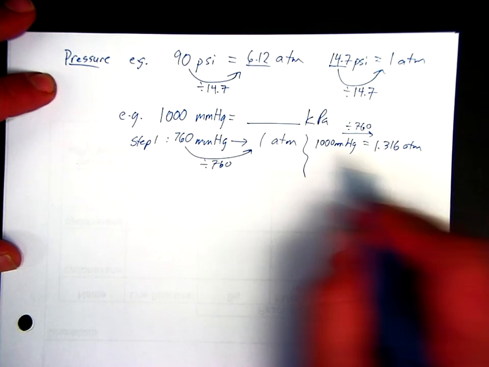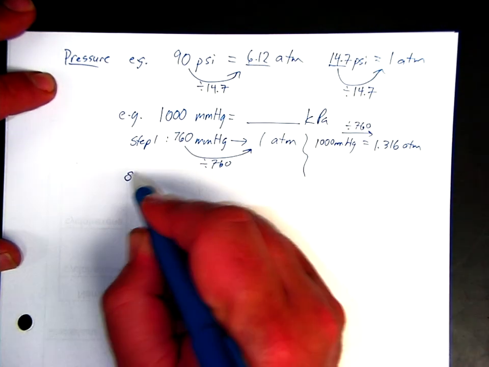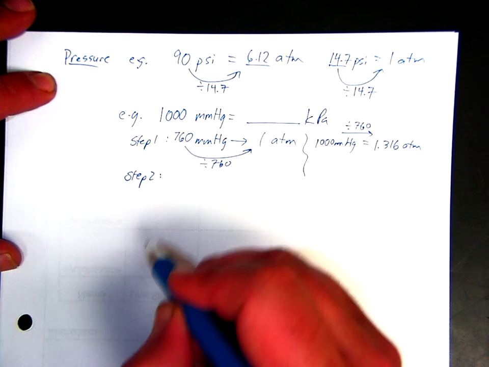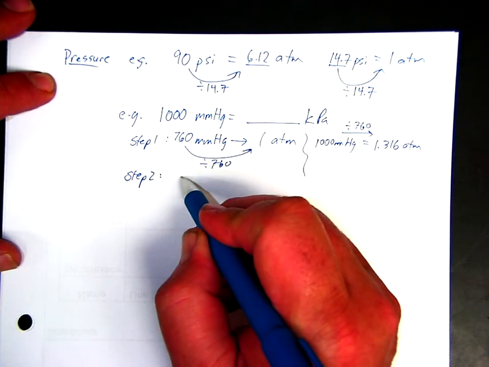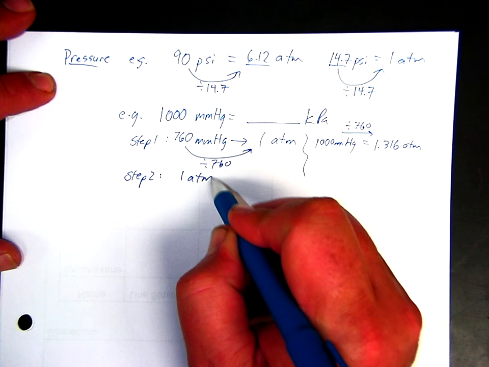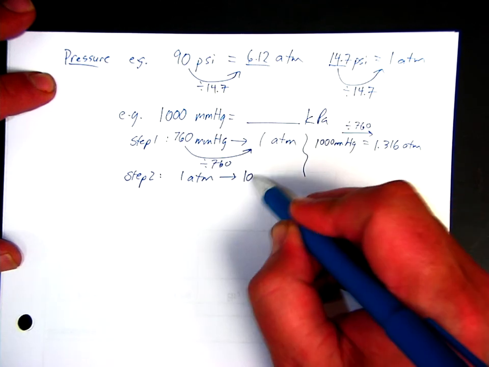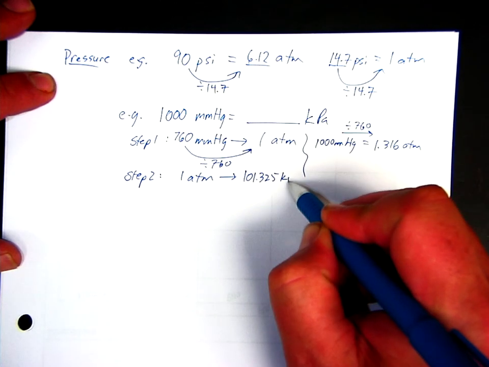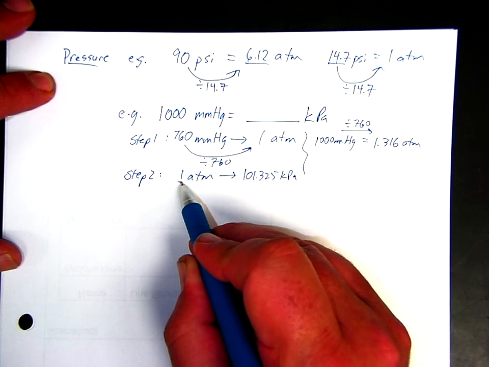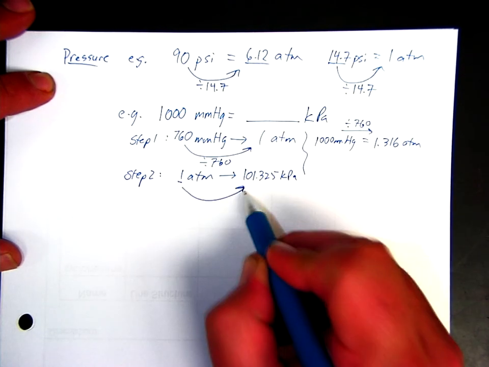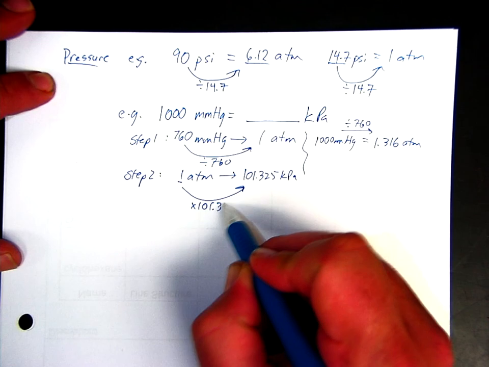So I'm not quite there. I want to get to kilopascals. So step 2 would be converting from atmospheres to kilopascals, which we have a conversion for too. Now this time we're going from 1 to this larger number, so I've got to multiply by 101.325.